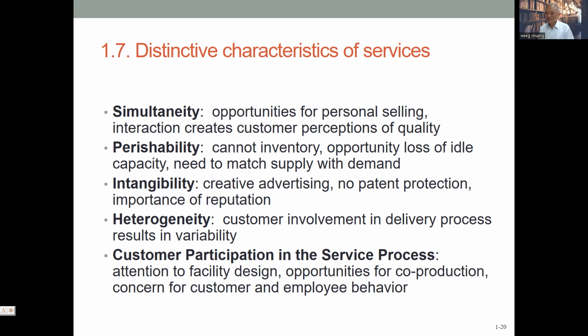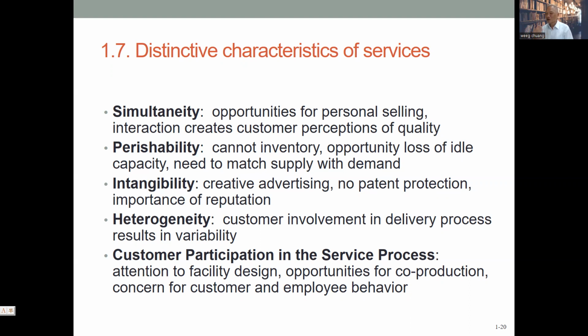And next major feature is perishability. Perishability means service cannot be kept as inventory. Opportunity loss of idle capacity, so we need to match supply with demand due to perishability.